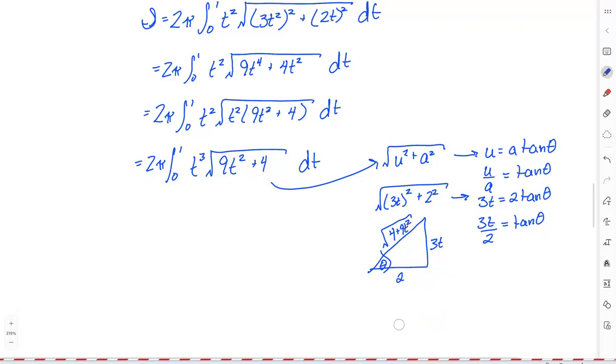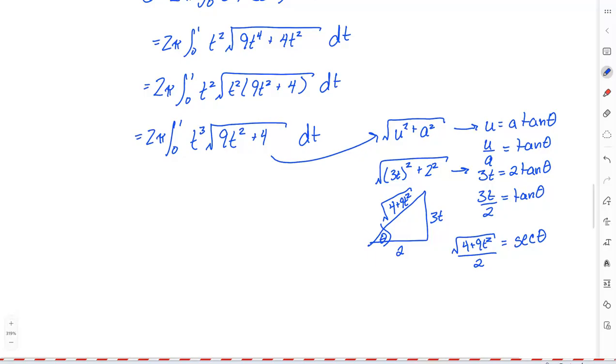We know tangents and secants go together. So the secant of this triangle would be equal to 1 over cosine. Cosine is adjacent over hypotenuse, so that would be hypotenuse over adjacent.